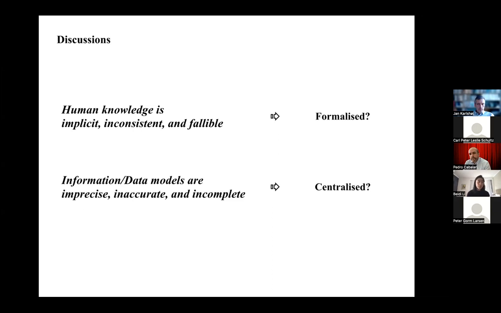But in the real world, it's rarely the case, as any model is just an abstraction and reduction of the real world. Then there will always be some imprecision, inaccuracy, and incompleteness in those models, which have yet to be addressed.